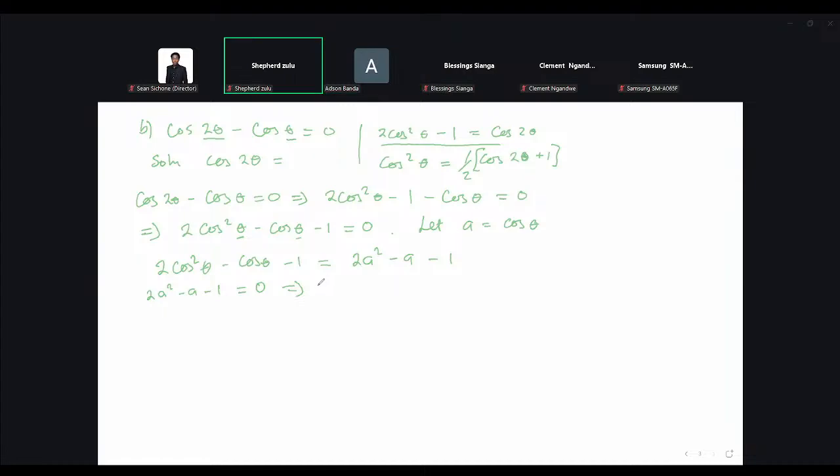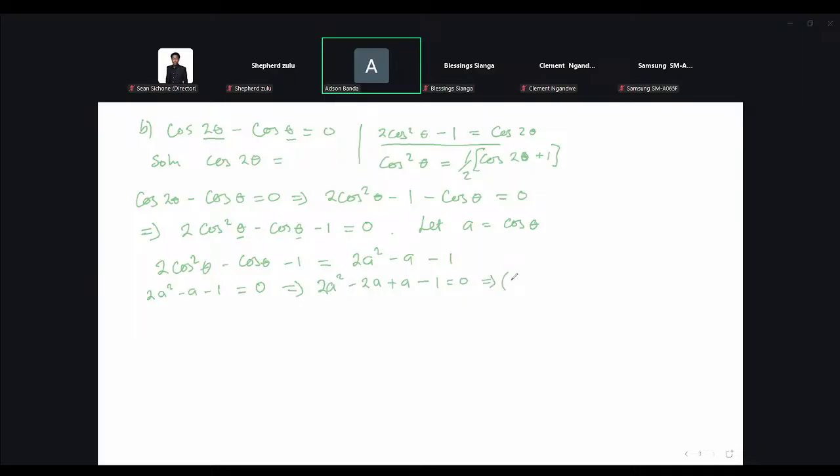Yes. Right, so we have 2a squared minus 2a plus a minus 1. That is what our friend is telling us, that this is now going to be equal to 0.